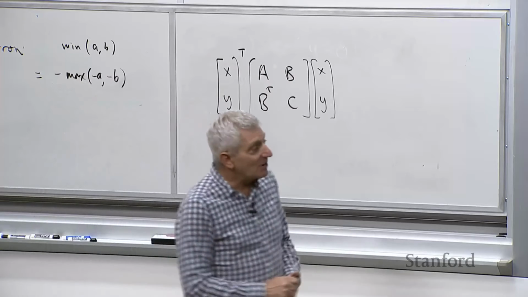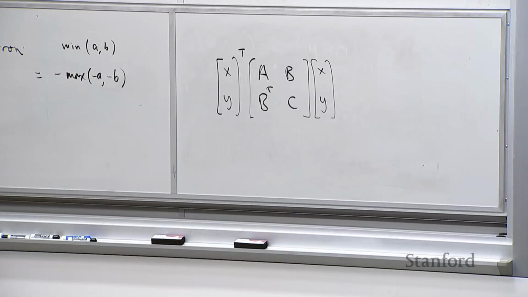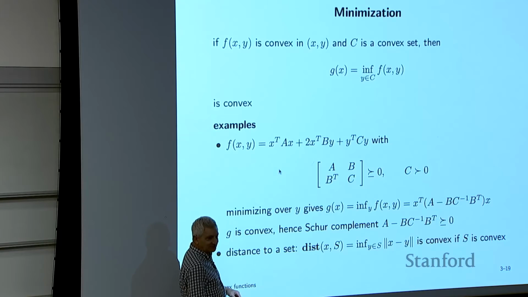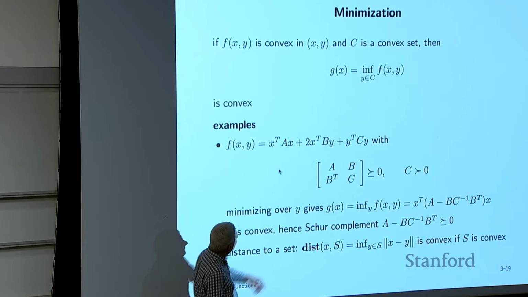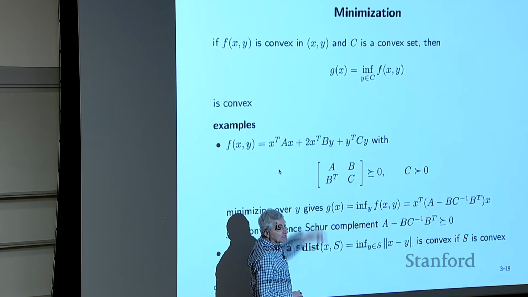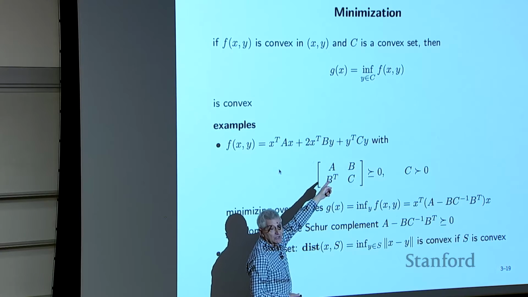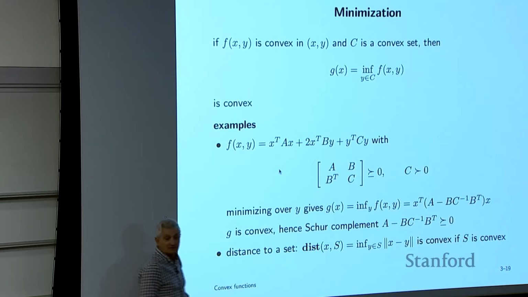Now let's minimize over y here. Well, how do you minimize this thing over y? We just take a gradient. You take a gradient, and you get a term like 2B transpose x, and over there 2Cy.